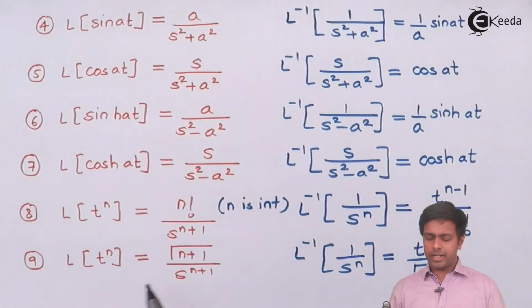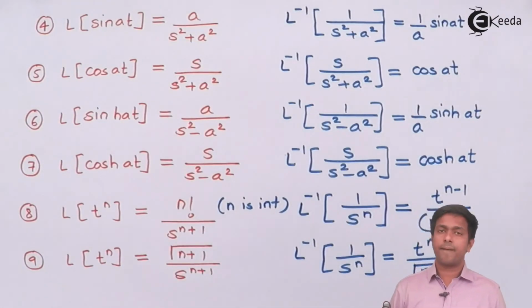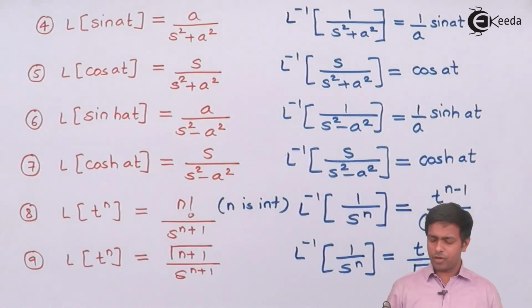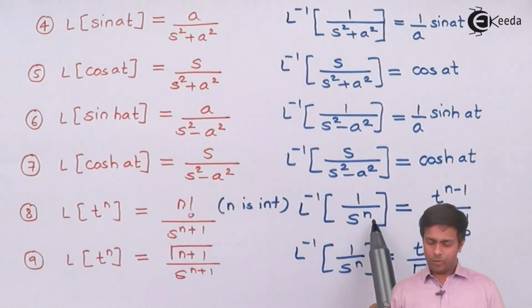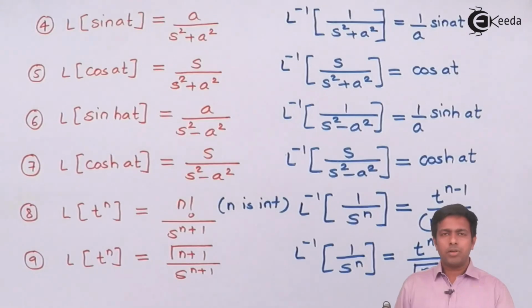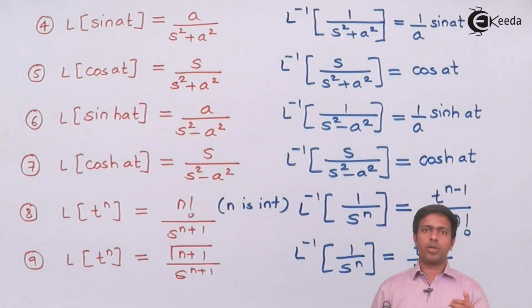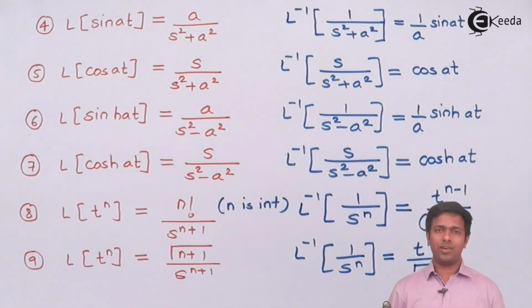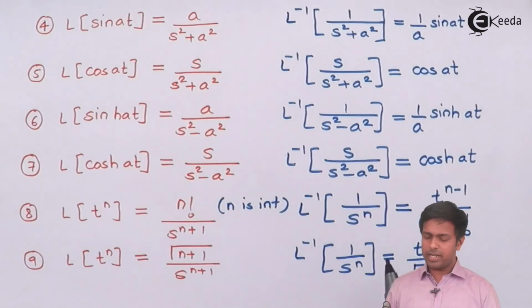But if we take this formula only in the reverse way, that is L inverse of 1 upon s to the power n plus 1, then for the question L inverse of 1 upon s cube, you have to compare that 3 with n plus 1, and then write n as 2. That time students make mistakes, or you don't remember at that particular time that you have to take the value of n 1 less than the given value. So to remove all the complications, I generally tell students to remember the formula in this way.